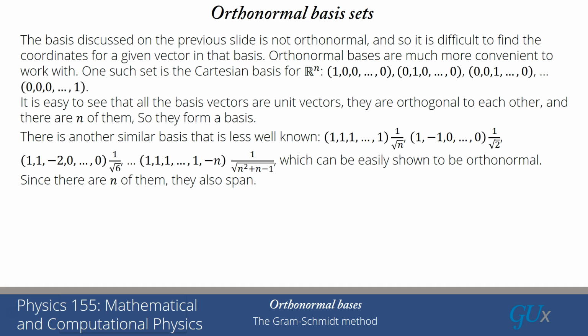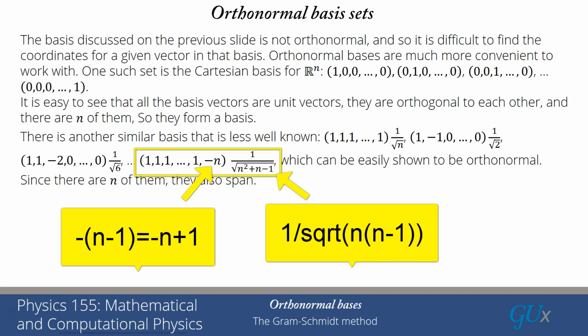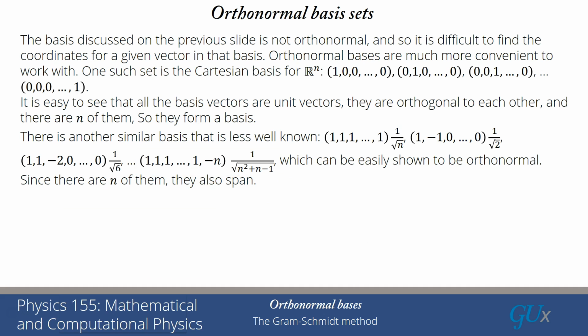I do 1, 1, minus 2, normalize it. 1, 1, 1, minus 3, normalize it. 1, 1, 1, 1, minus 4, normalize it. All the way out to n minus 1 1s. That should be, I guess, a minus n minus 1. And then I think the normalization might not be quite correct. And then those can easily be shown to be orthonormal. And since there are a total of n vectors, they also span the space.